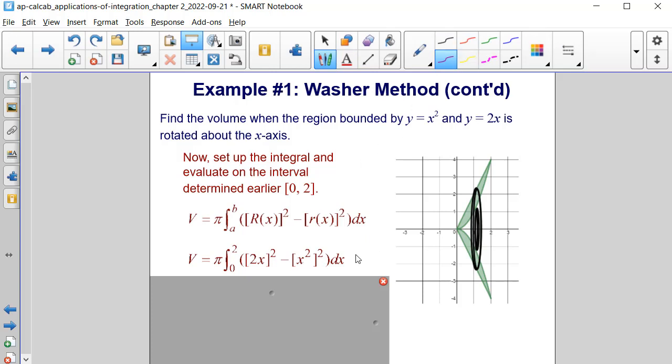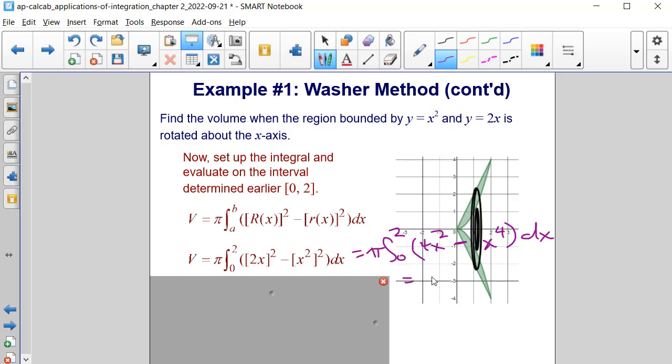And then if we were to simplify this, it's going to end up being pi times the integral from 0 to 2 of, well, when we square 2x itself, it's going to become 4x squared, and then minus, well, x squared squared is x to the 4th, and we're going to integrate with respect to x.